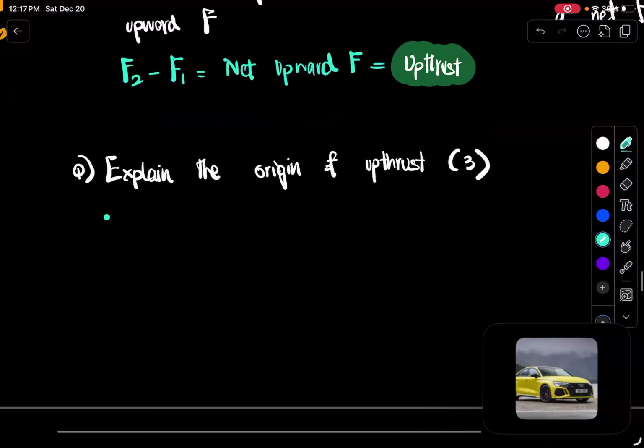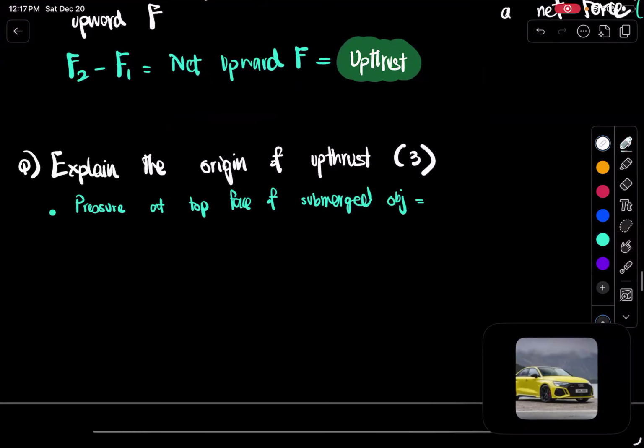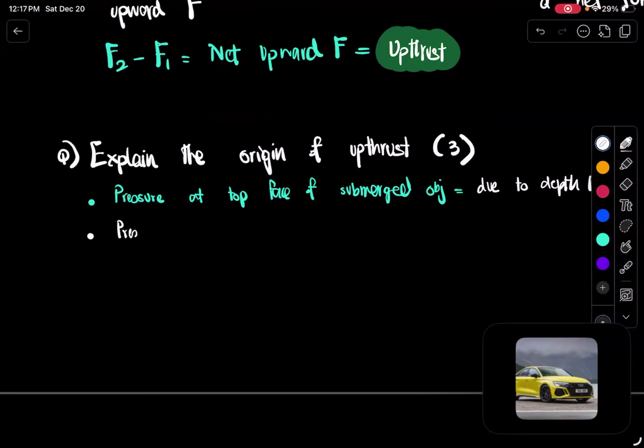First of all, what you say is that the pressure at the top face of a submerged object is due to depth h1. Then the pressure at the bottom face is at depth h2.